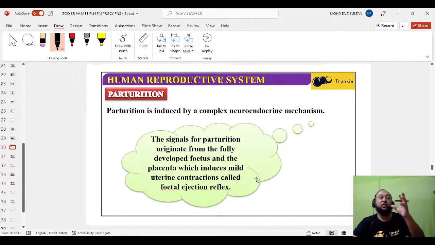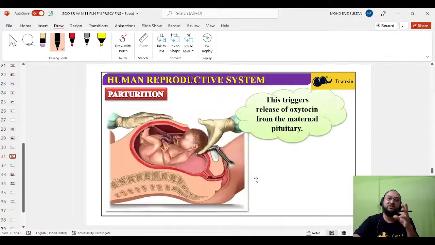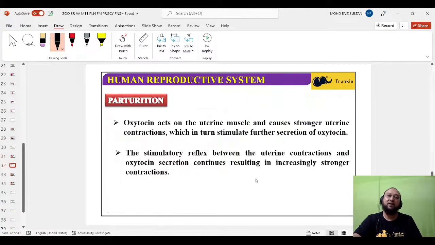This is the neuroendocrine mechanism: nervous system plus hormonal system. Oxytocin is released by contraction of the uterus, which in turn causes stronger contraction of the uterine wall, and which ultimately pushes the fully developed fetus out through the birth canal, and birth of the child takes place.